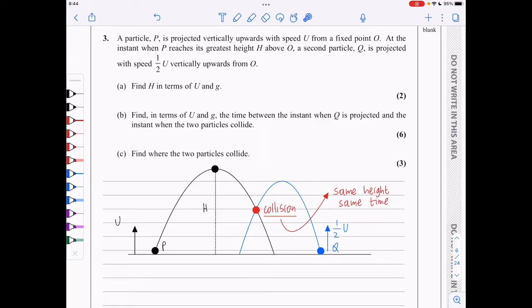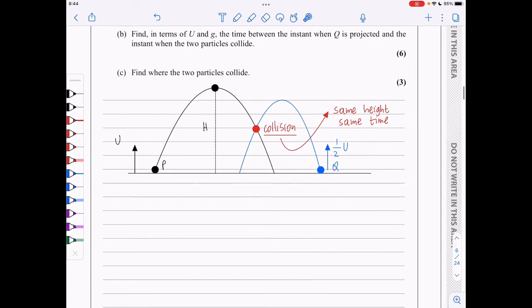So let's start by finding h in terms of u and g. So I will start by considering P. I'll be using v squared is u squared plus 2as, because we know that when the maximum height is attained, the speed is 0.